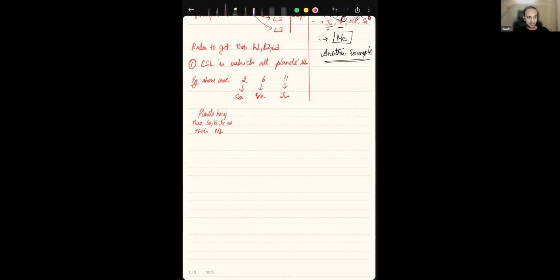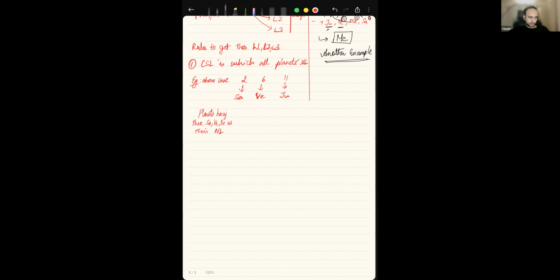Write them down. Then, all the 3 lords combined together, just see if any of these 3 lords appear in the STL column of the planetary position table. So Saturn does not appear and Jupiter does not appear. Only Venus appears here.